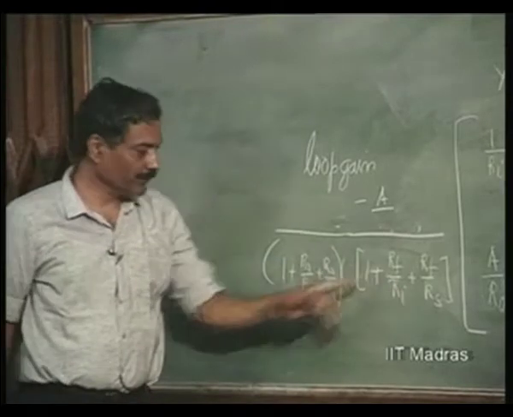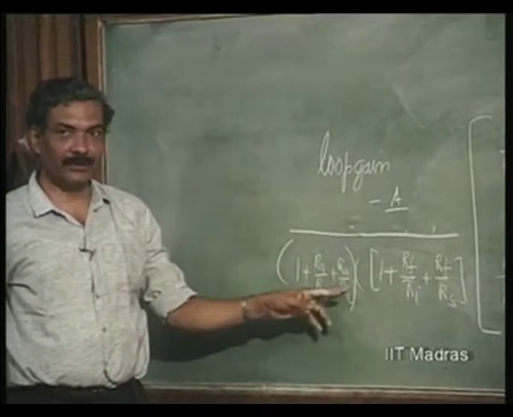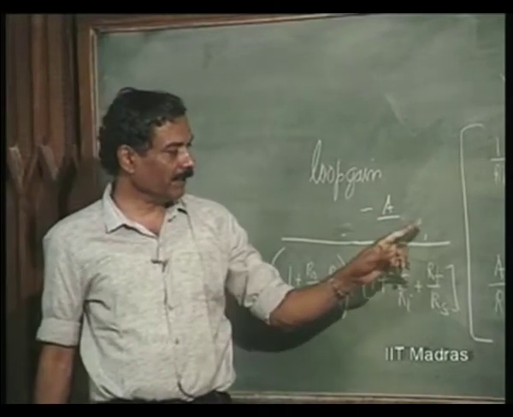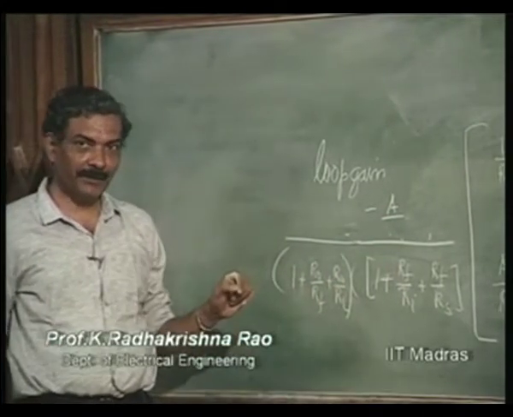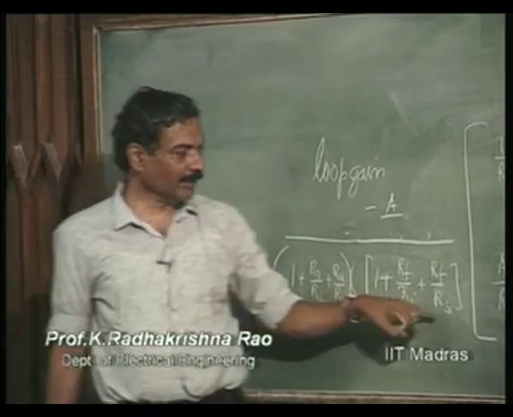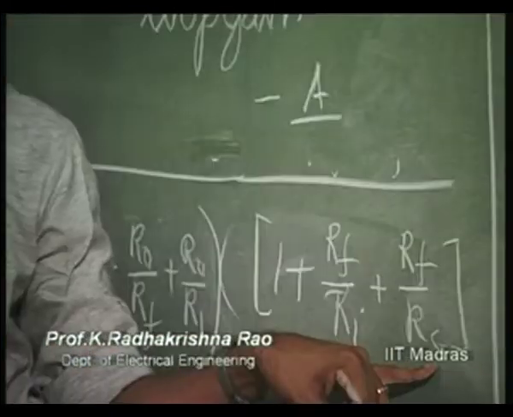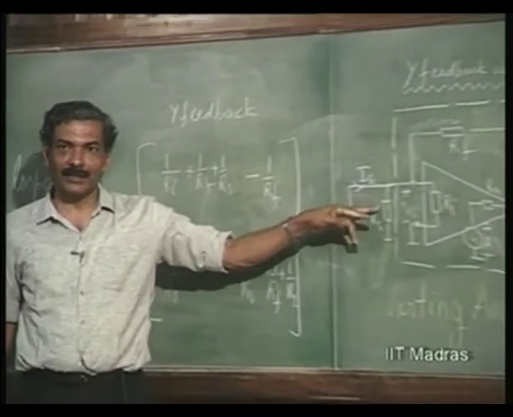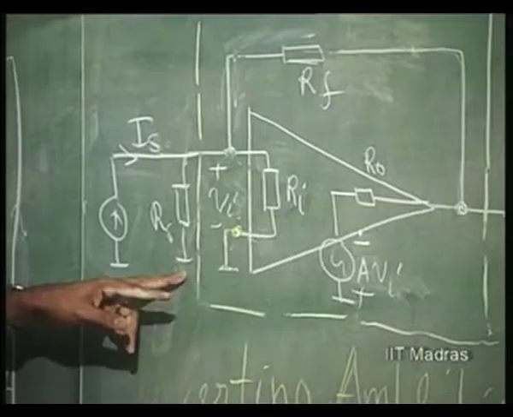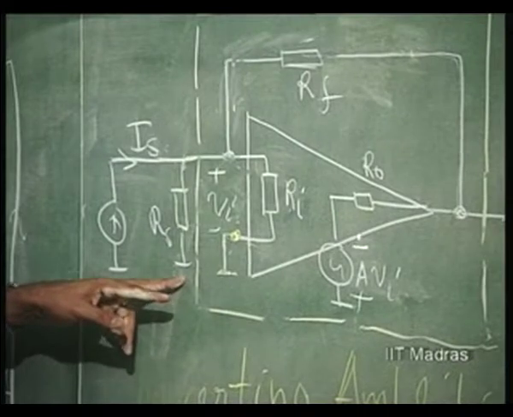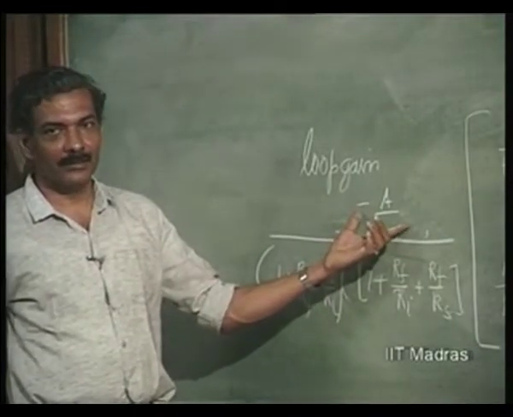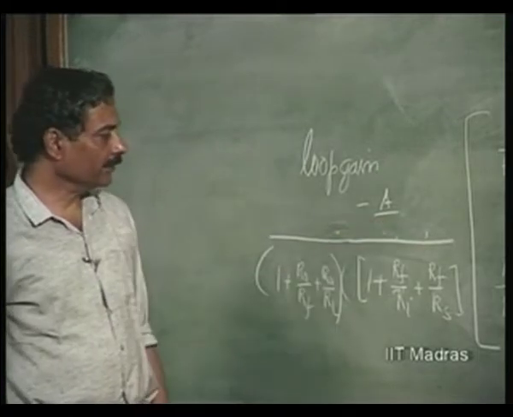This will go to 0, this will go to 0, this will go to 0. So, it will become minus A into Rs by Rs plus Rf. But strictly speaking, Rs should be made equal to infinity also, because it should be driven ideally by a current source. It is a current control thing. So, Rs also, if it is made equal to infinity, then actual loop gain is minus A, right, if it is strictly a current feedback.